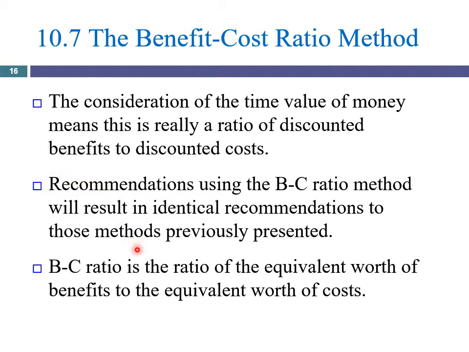So these were the methods that we already learned to evaluate project alternatives, and the BC ratio is another method. If we use these methods appropriately, we will obtain the same decision. And this BC ratio simply is the ratio of the equivalent worth of benefits to the equivalent worth of costs. When we say equivalent worth, it can be present worth, future worth, or annual worth.